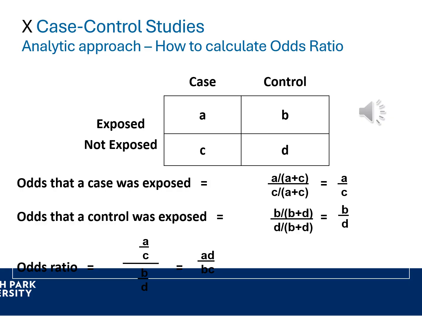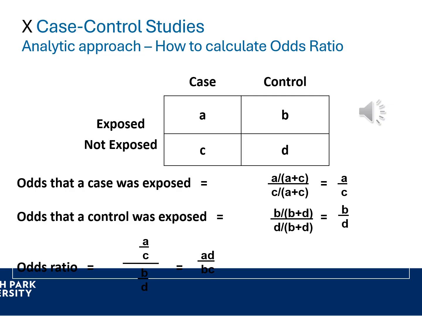So this should look familiar. Again, it is a 2x2 table. This particular one doesn't have the totals put in because it wasn't important. But we set it up again with the disease status on the columns. Those with the disease are in the first column. Those without the disease are the controls in the second column. Similarly, we have the exposure in the rows.